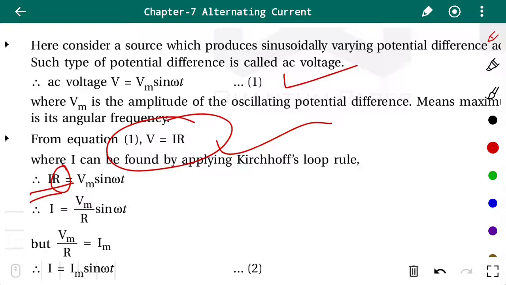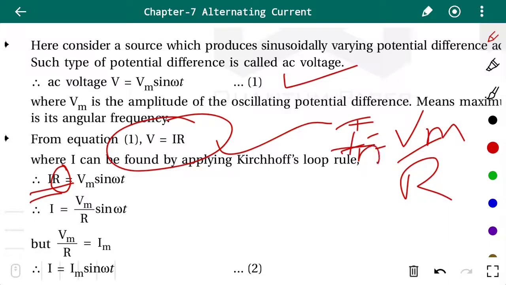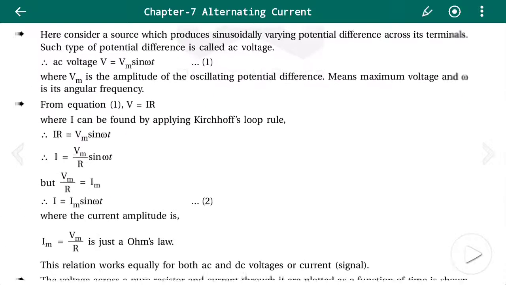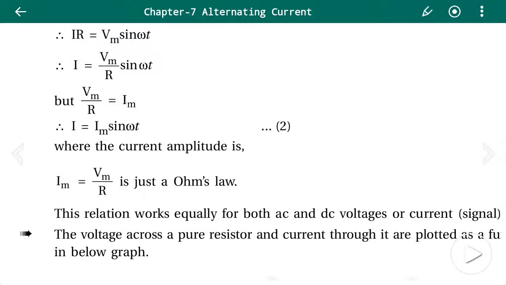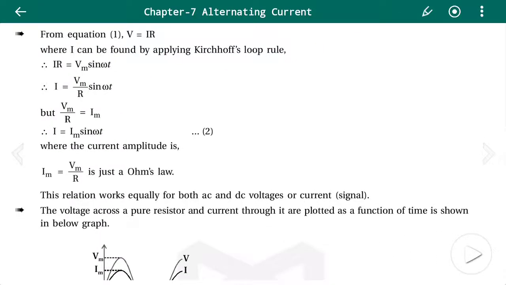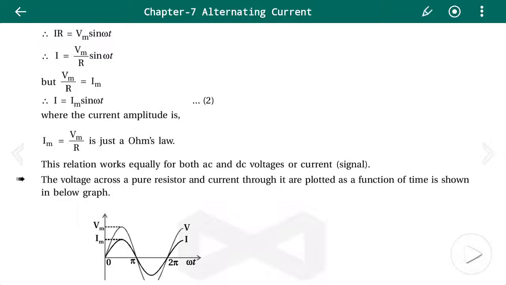As we have the maximum voltage, the current will also be the maximum current, so Vm by R equals Im. So the equation can be written as I equals Im sin omega t, where the current amplitude Im equals Vm by R. This relation works equally for both AC and DC voltages or currents.